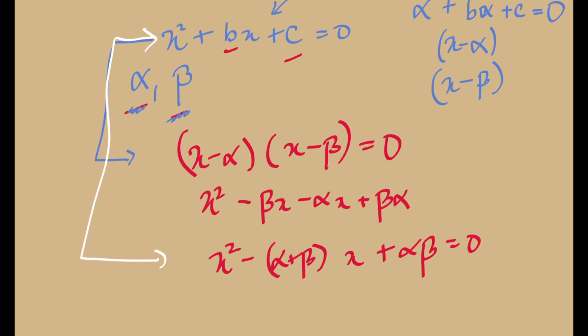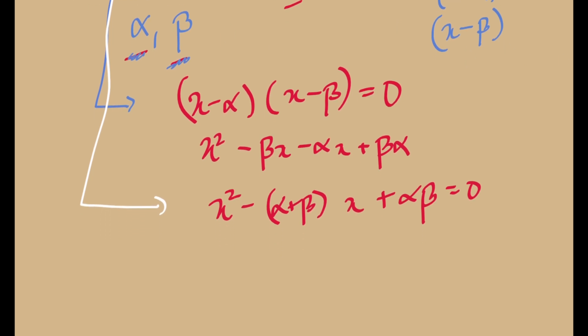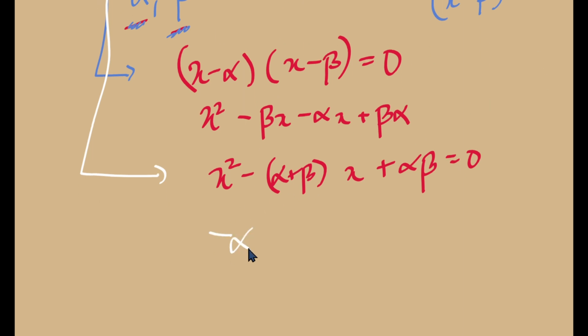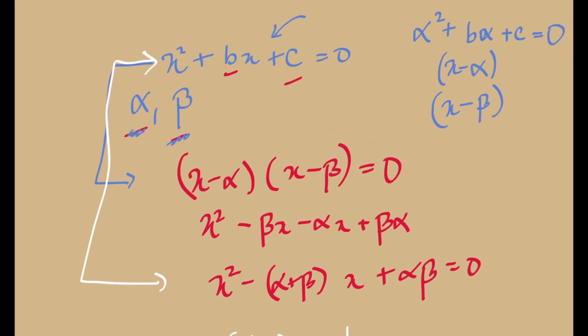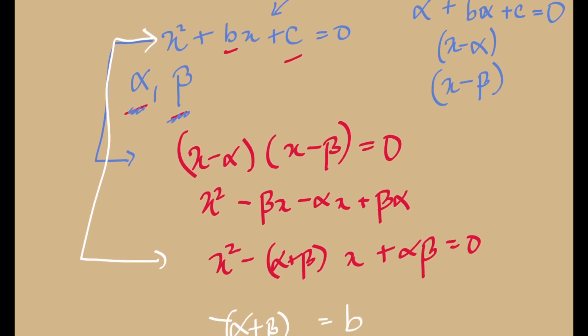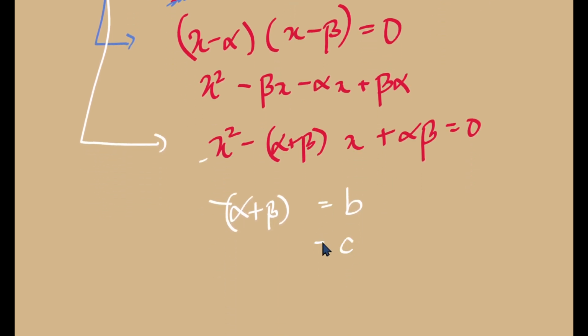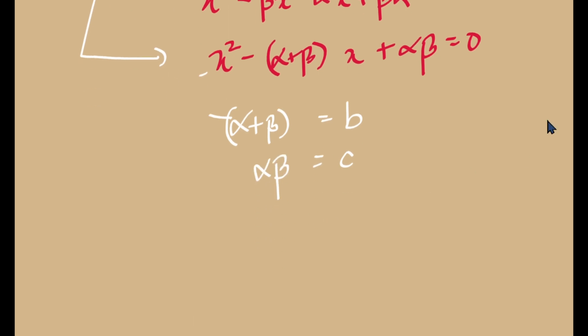So what do we get? I get that minus alpha plus beta is equal to b, because that's the coefficient of the x term, and then the x squared term has just one coefficient, so we need not write it, and the constant term c becomes equal to alpha beta from the second equation.